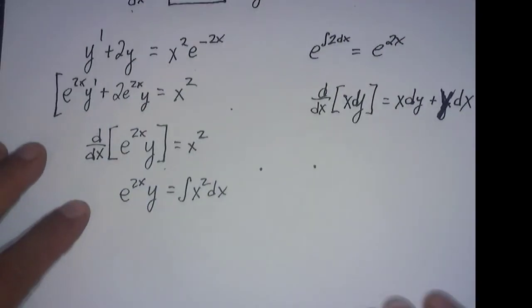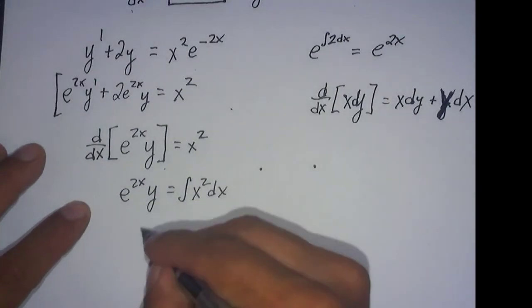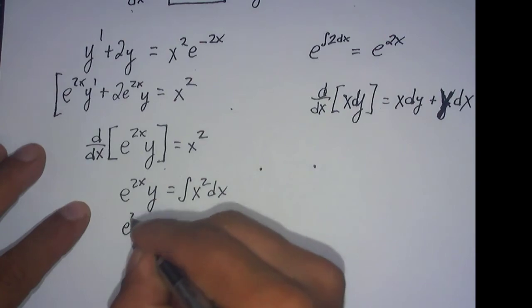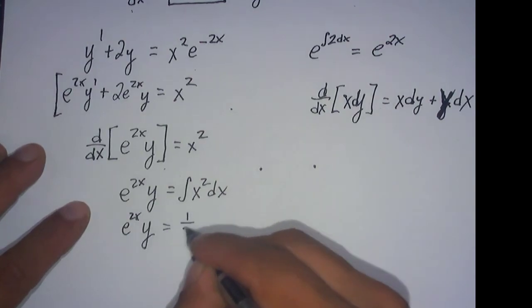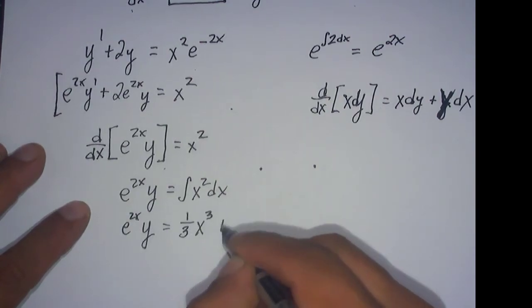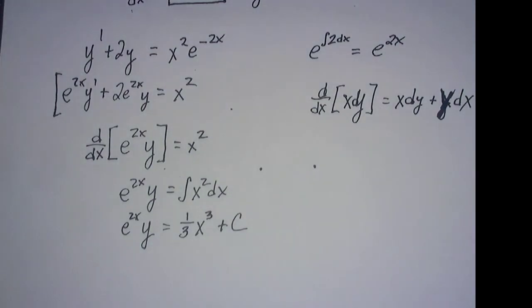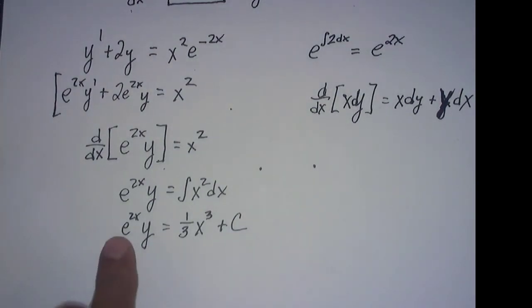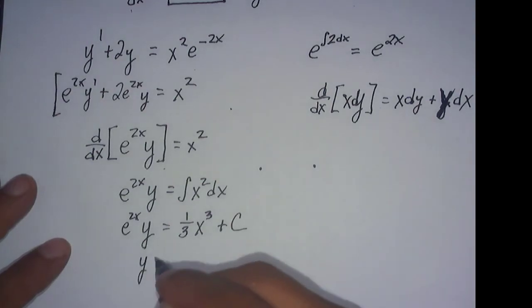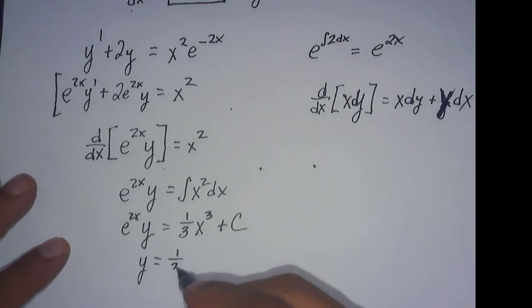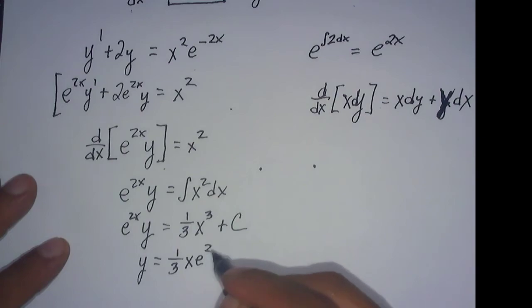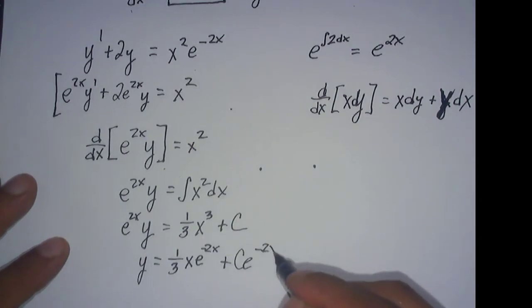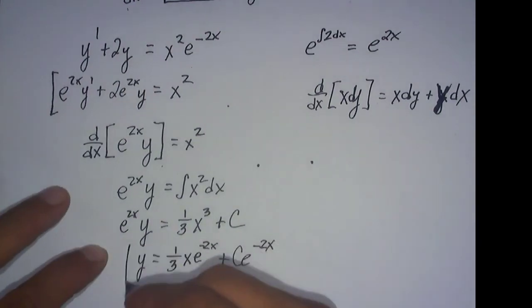So y e to the 2x is equal to 1/3 x cubed plus a constant. And now you have to solve for y by dividing through on both sides, and you get y is equal to 1/3 x e to the negative 2x plus c e to the negative 2x. Okay, so there's your solution.